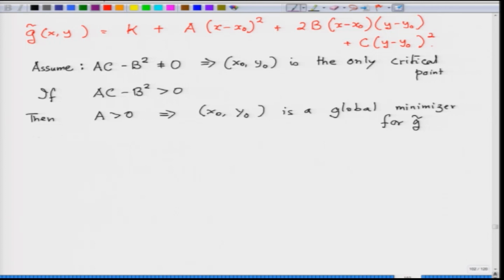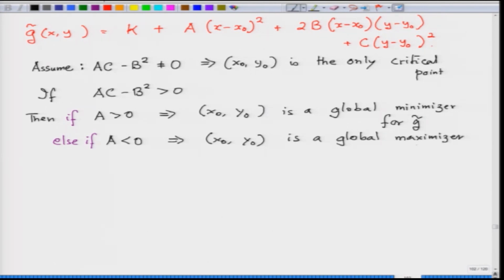And again, else if A is less than 0, it implies that x naught y naught is a global maximizer for G tilde.